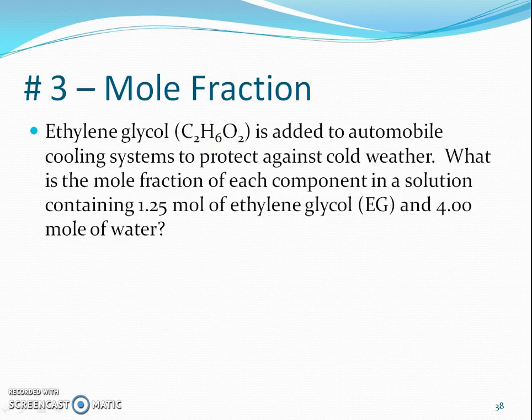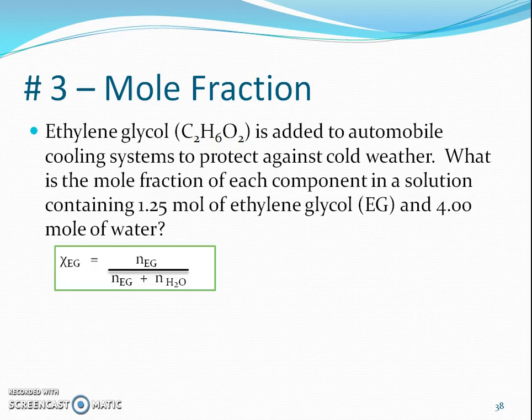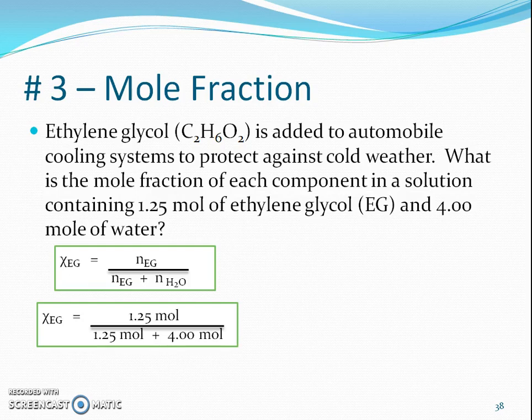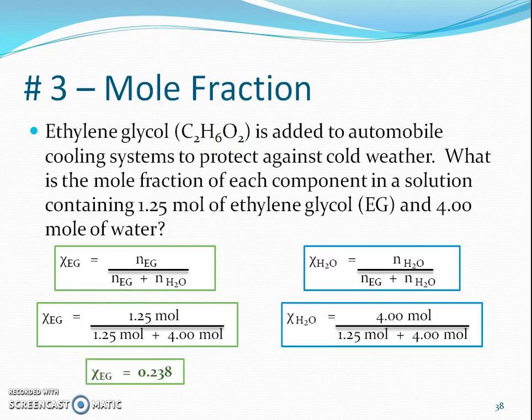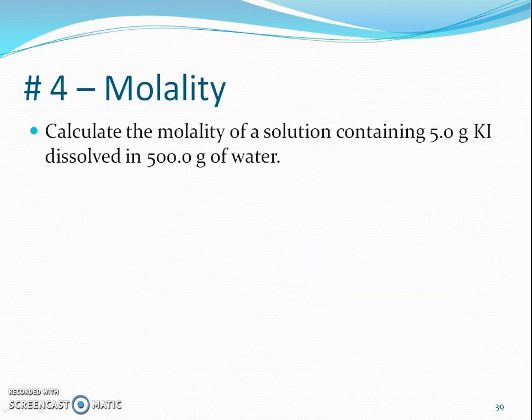Mole fraction, we've done this before, so can you do it now using solutions? And if you add up 0.238 plus 0.762, you would get the answer of 1. Molality.